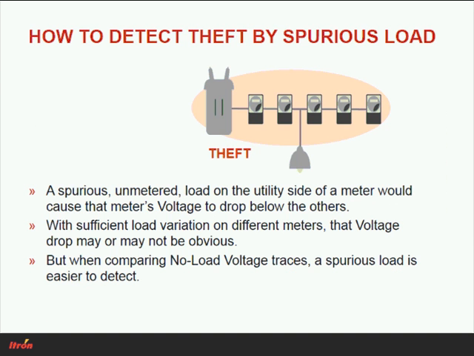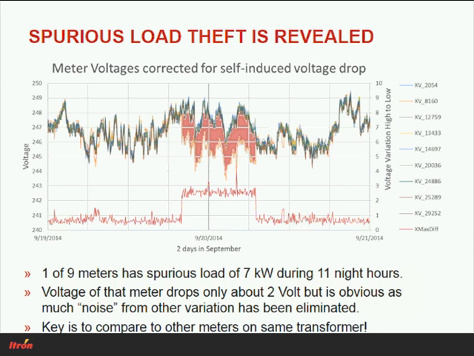In this particular case, if we use a theft that's caused by spurious load, this is what we would expect. This is simulated, unfortunately. We have not yet tested this in the field, but for a 7 kW load we would expect a significant voltage drop, and it's very easy to see that, and it also would be very easy to detect this automatically.